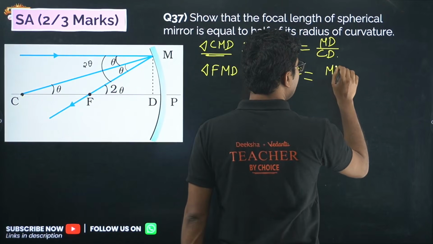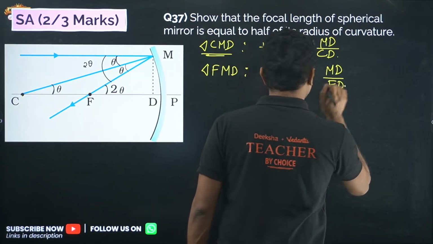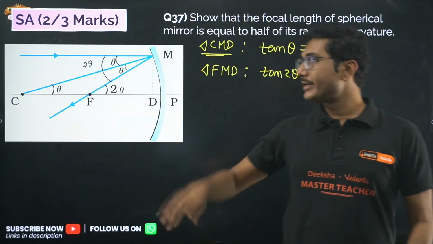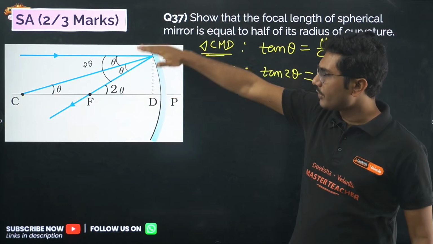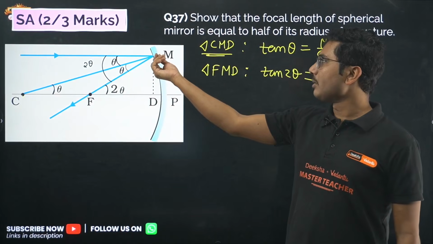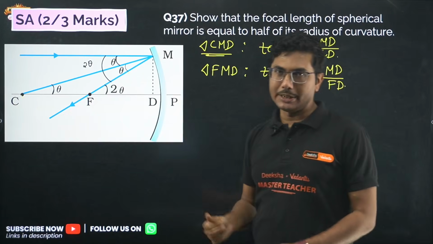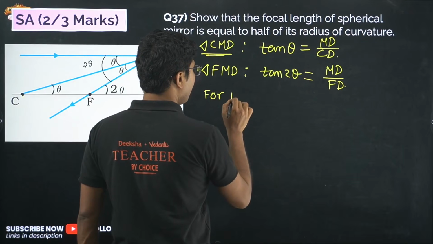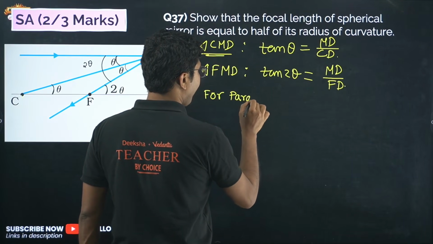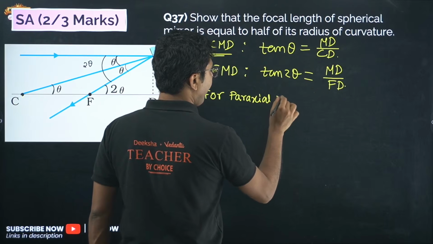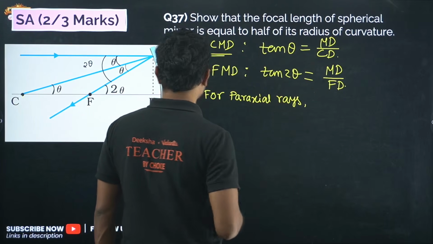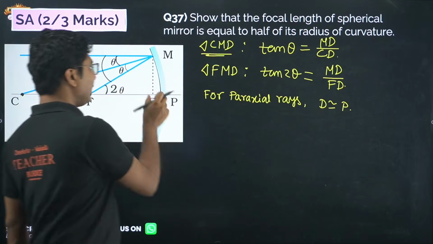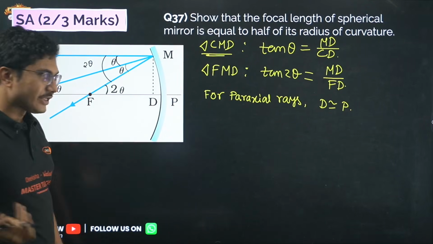Now for paraxial rays, paraxial means the ray is very close to the pole. So even though we are drawing it large, actually the point M is very close to the point P. So for paraxial rays, D is almost equal to P. So D and P are almost the same.